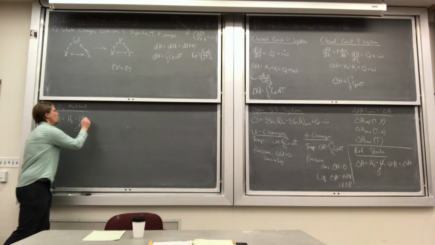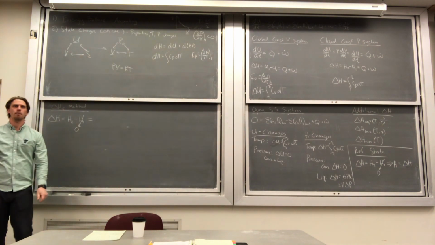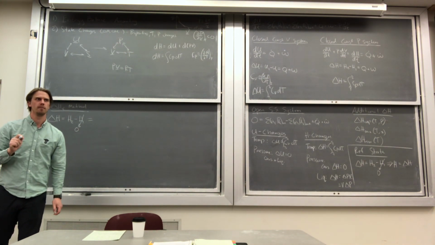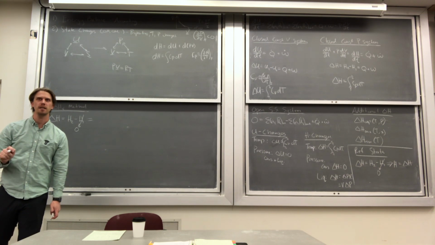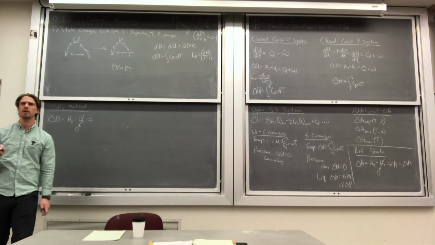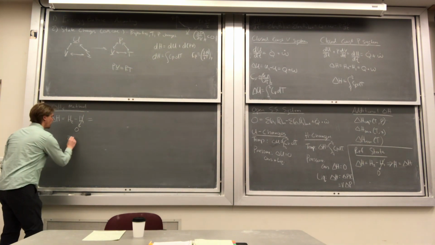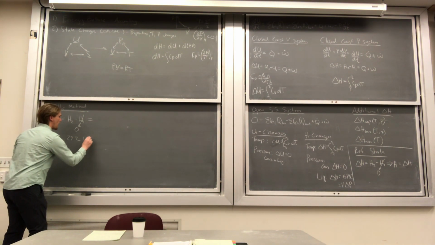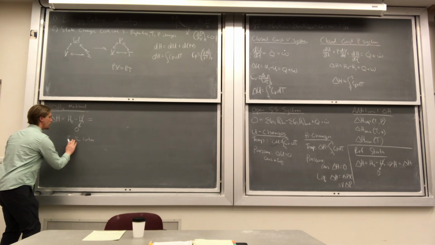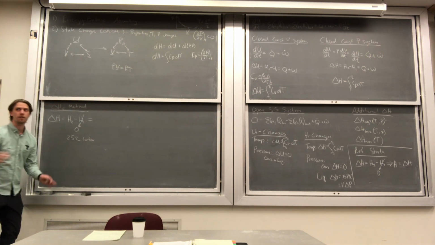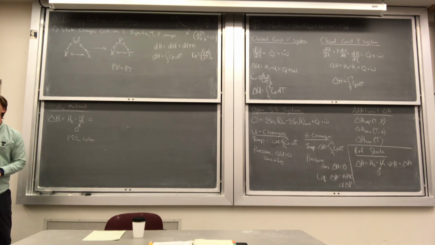So in the heat of formation method, what is my reference state? 25, okay, so the reference state is 25 degrees C, 1 atmosphere. What phase of matter am I in? I have to fully define the whole thing. Liquid.